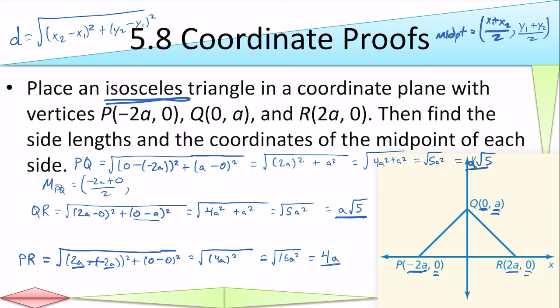And y1 is 0, y2 is a. All right, so here on the top, negative 2a plus 0 is negative 2a, and 2 divided by 2 is 1, so it'll just be negative 1a. On the second one, 0 plus a is a over 2.